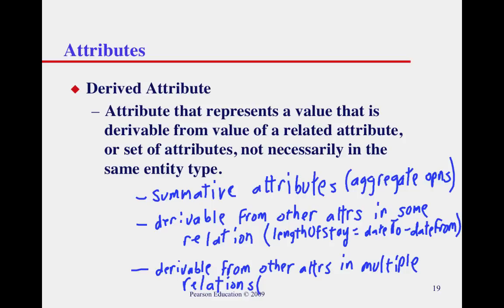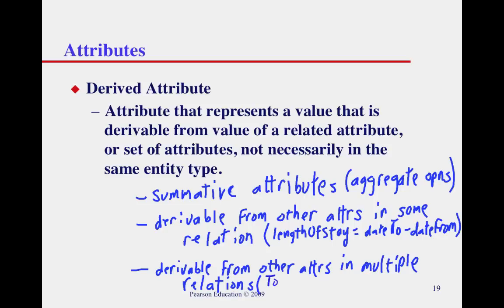Yes, total cost of currently occupied rooms. You had to go through and find the cost of a room and then multiply that by something from the booking relation. So that was an example.